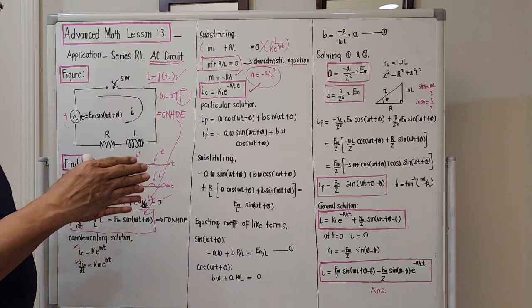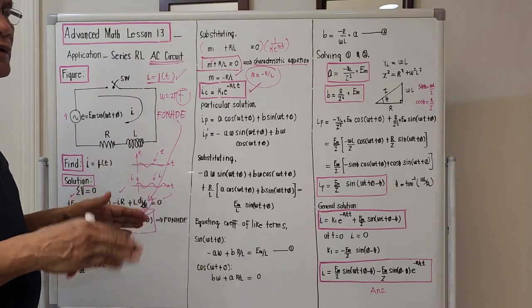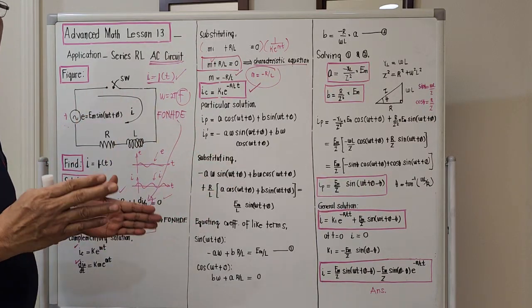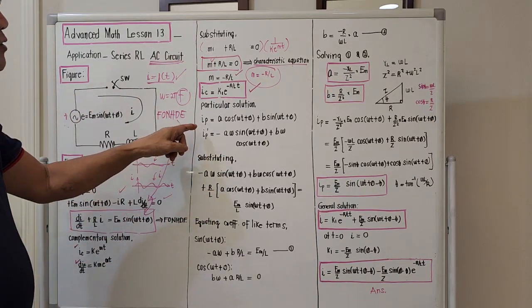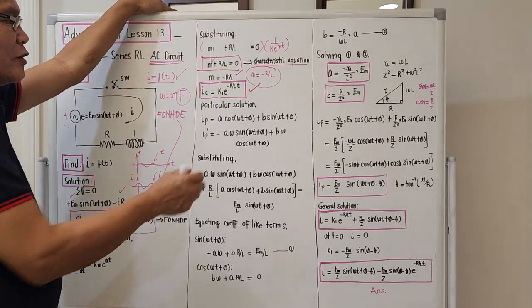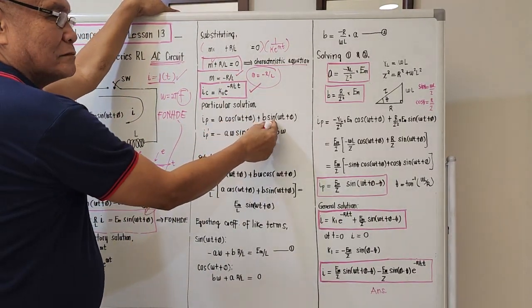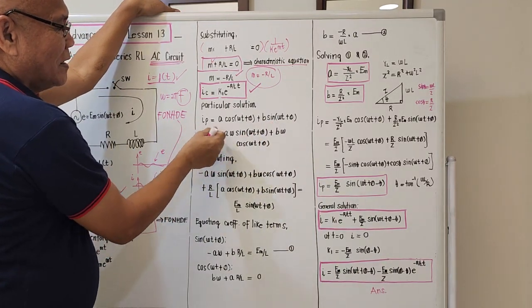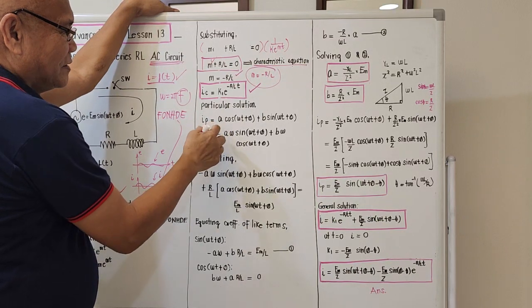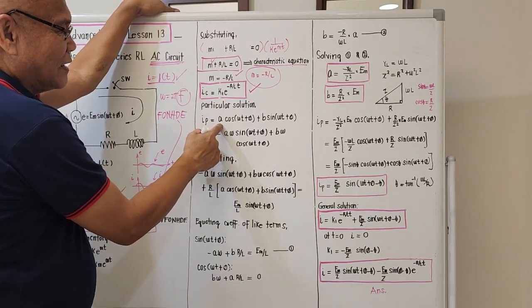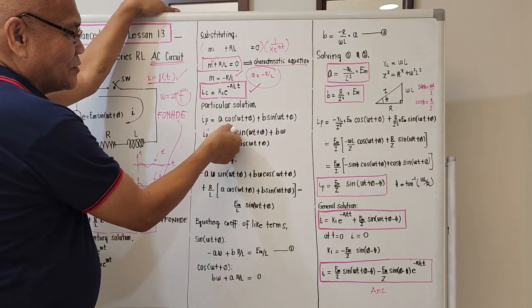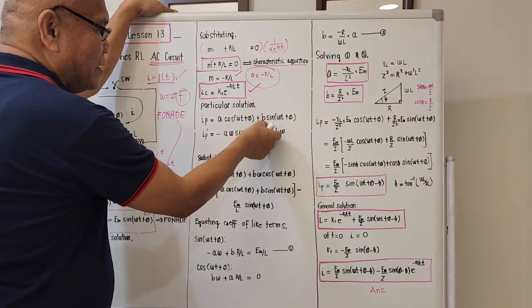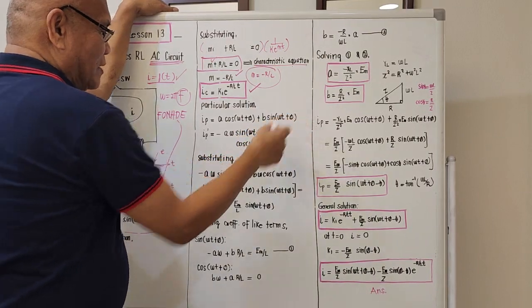Because every time we differentiate a sine, there comes a cosine. So we will place a particular solution to be a combination of a cosine function and a sine function. Okay? So I particular should be an unknown constant A times the cosine of omega t plus b, plus another constant B sine of omega t plus b.